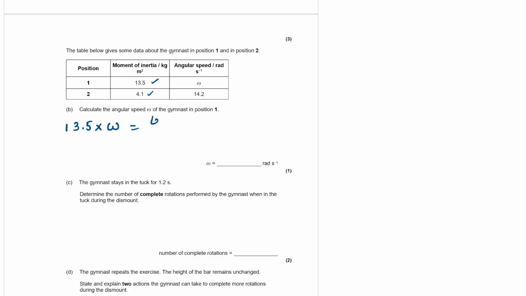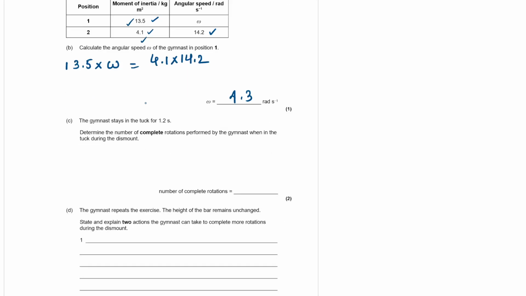So just using your calculator, I have 4.1 times 14.2 divided by 13.5, that is 4.312, and writing it to 1 decimal place is 4.3 radians per second.